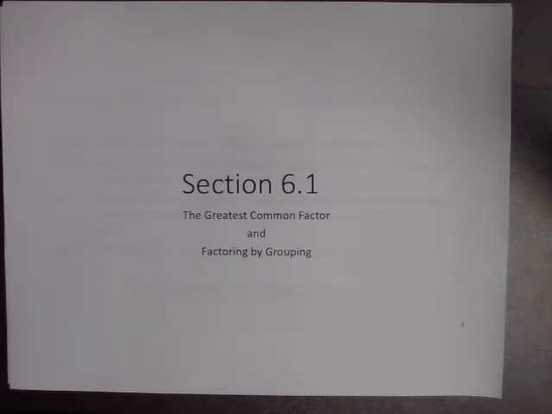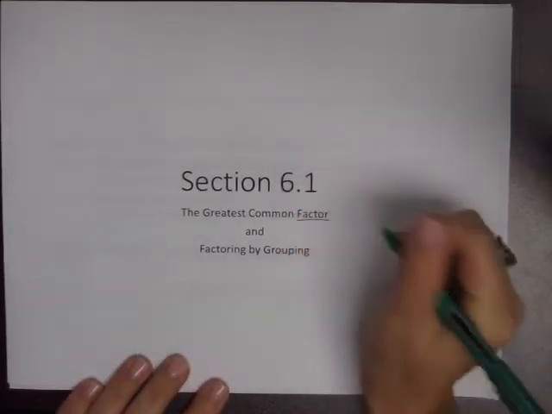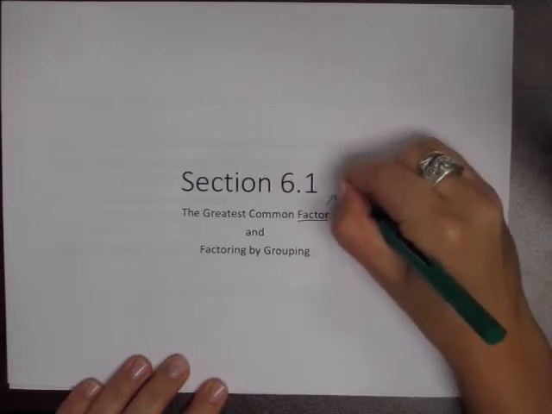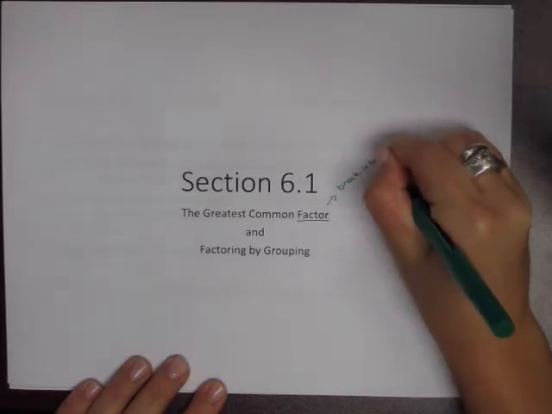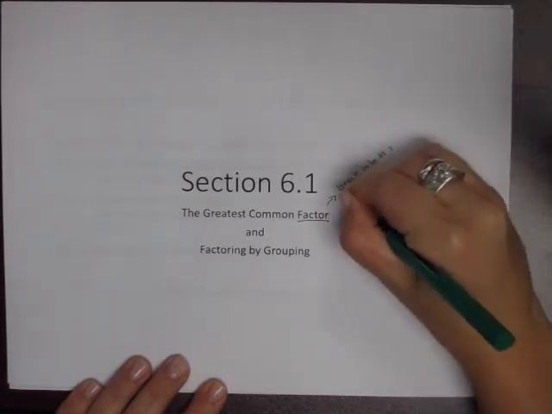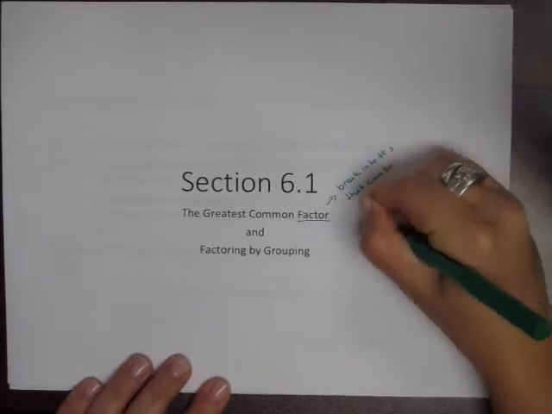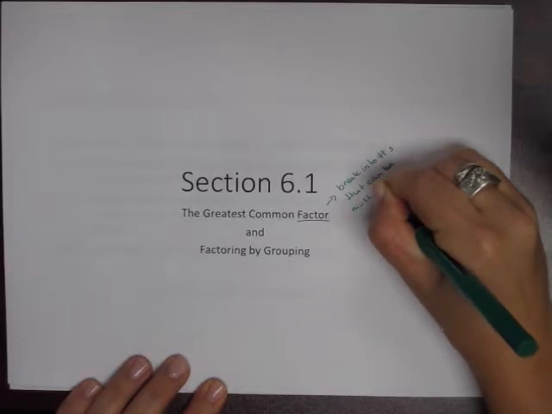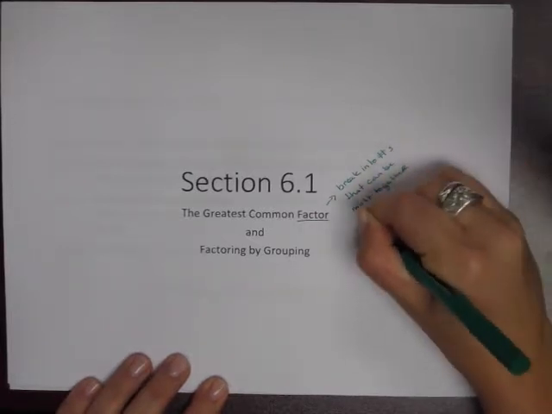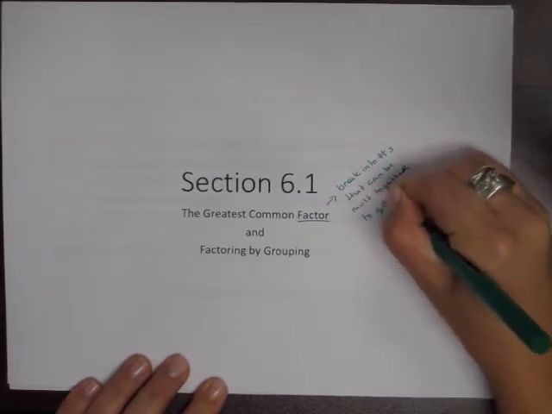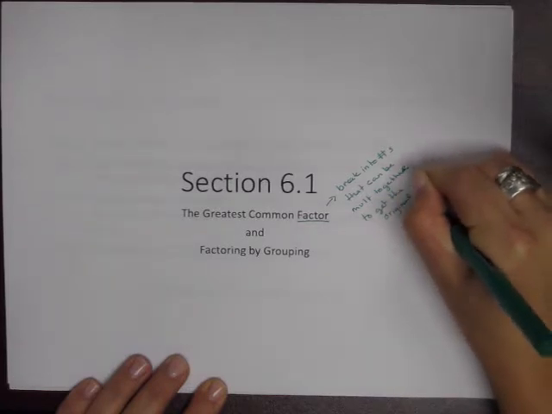Factoring is a huge concept in Math 95, so what I'm going to do is define what factoring is. Whenever you factor, you break a number into numbers that can be multiplied together to get the original number.